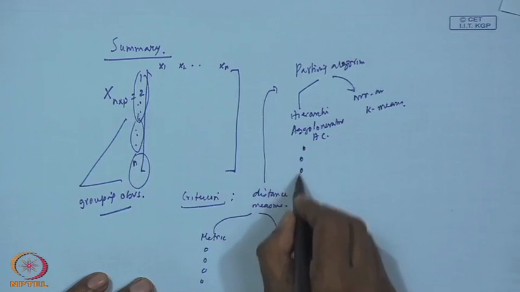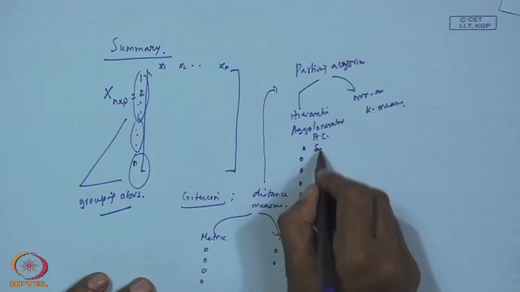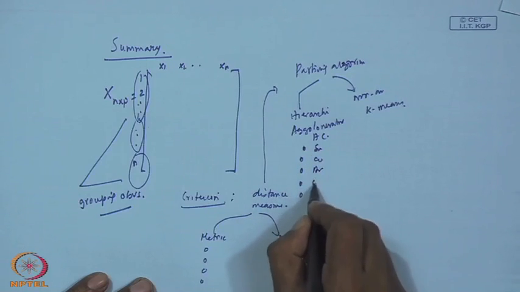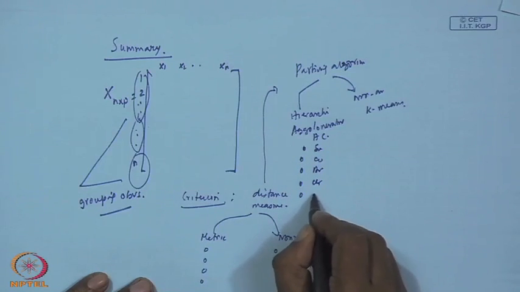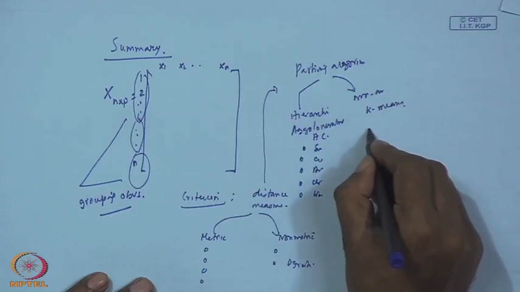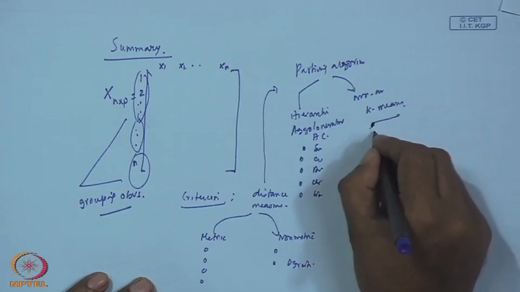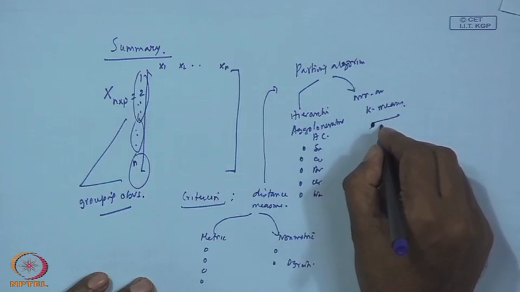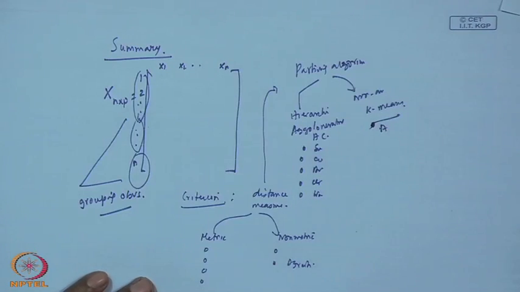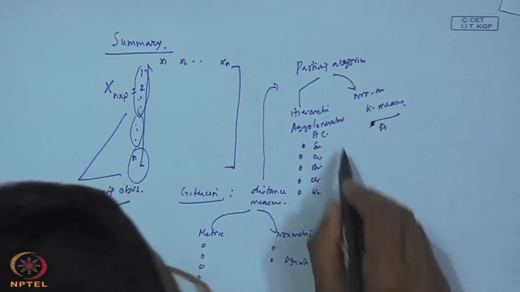Here there are several linkages, starting from single, complete, average, centroid, then Ward linkages. K-means is a heuristic one, and it basically arbitrarily groups and then works like this.